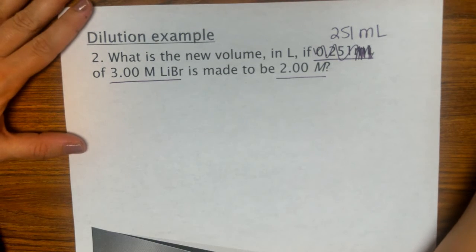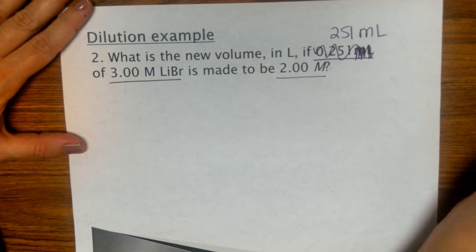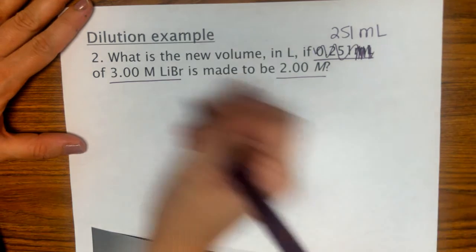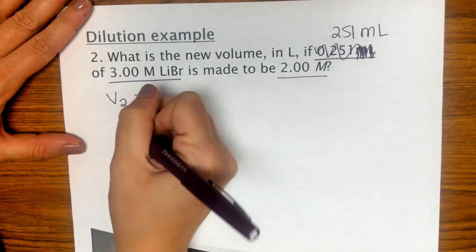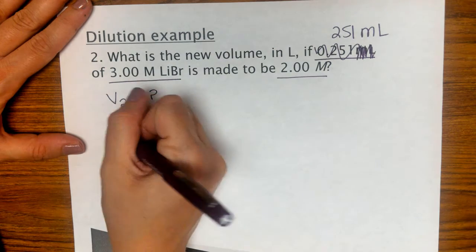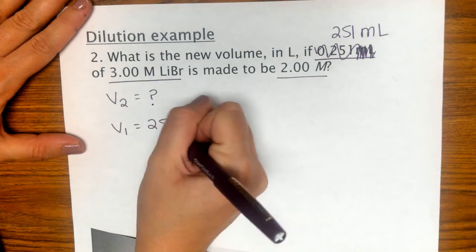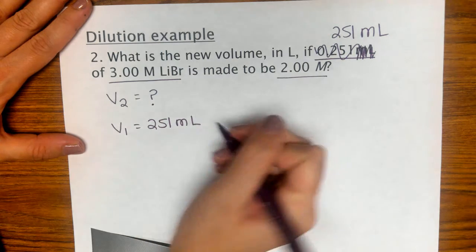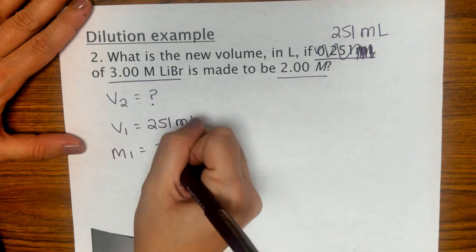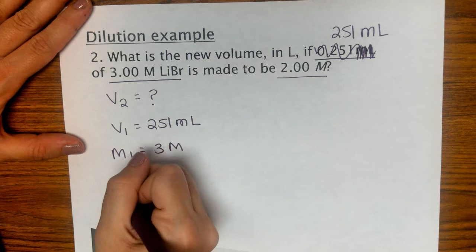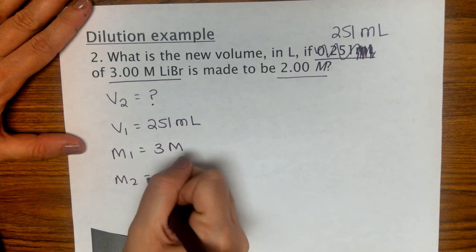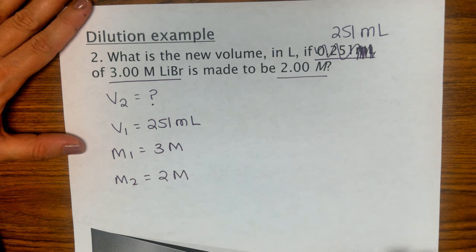Okay, so I'm looking for my new volume. V2 is unknown. If 251 milliliters of 3 molar, so my V1, my original volume, is 251 milliliters, my original molarity was 3 molar, and I want my new molarity, my M2, to be 2 molar.